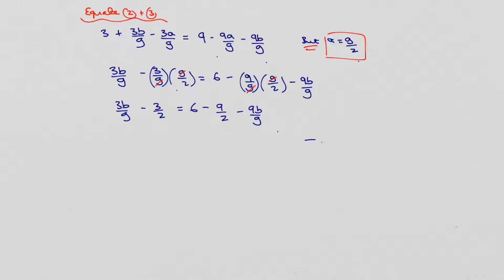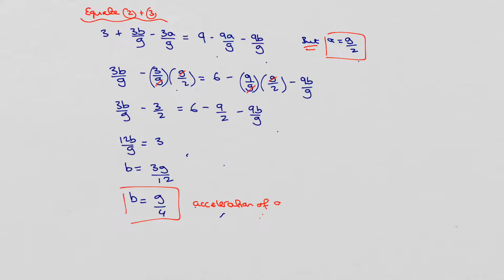So if I bring the b's to one side, I'll have 3b over g plus 9b over g, which is 12b over g, is equal to, and then if I bring 3 over 2 over to the right hand side, I have 6 minus 9 over 2 plus 3 over 2, which equals 3, and therefore that gives me b is equal to 3g over 12, and of course we should always simplify, so we should write our answer as g over 4. So that is our acceleration of the 9 Newton particle.